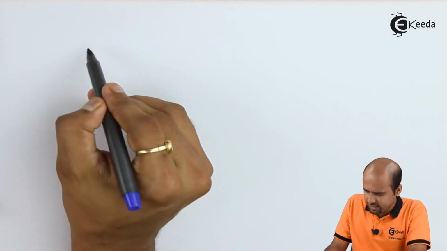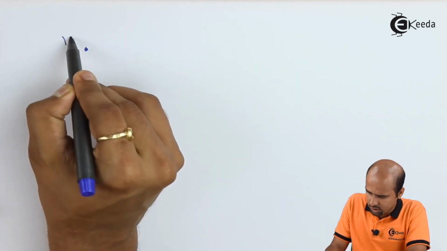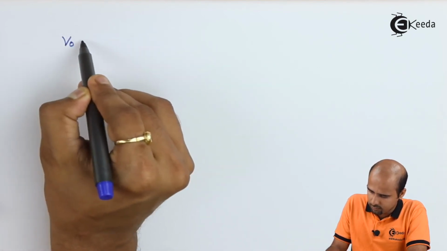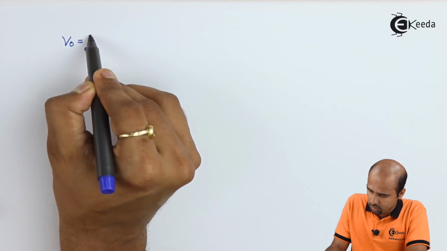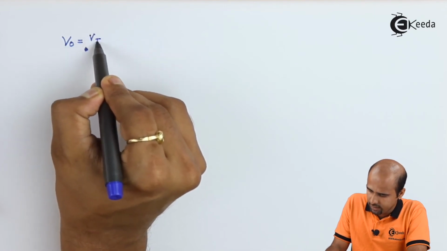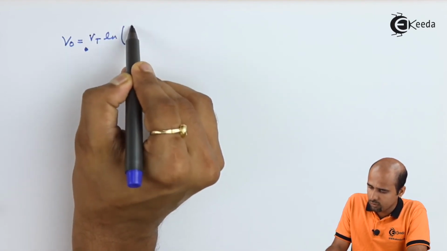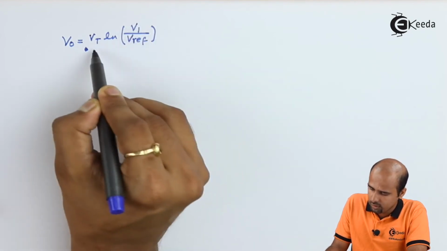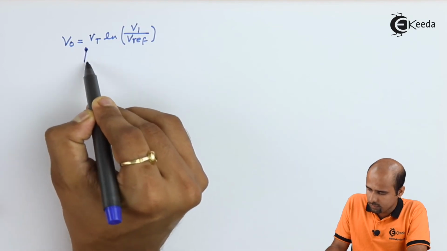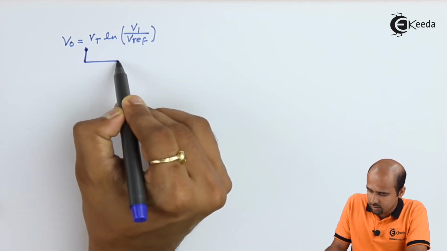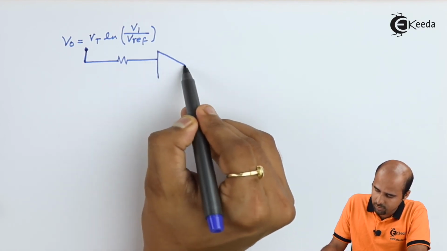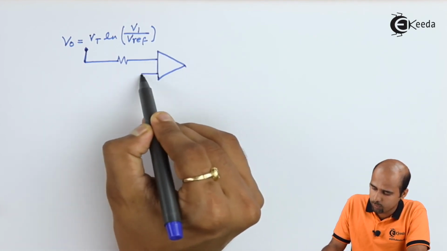So let us treat this as your output VO, which is equal to Vt into ln of V1 divided by Vref, that I am giving as input for my buffer circuit, which is giving me just the inverted output.